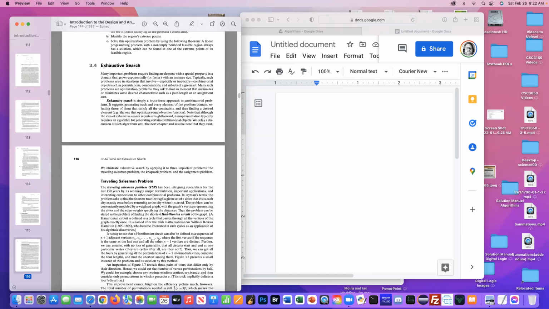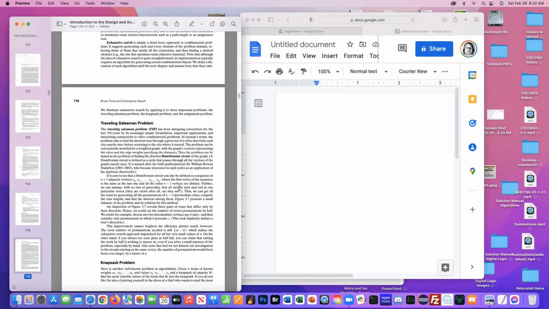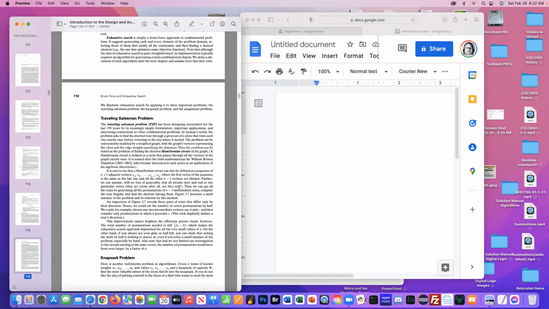Exhaustive search is a brute force approach to a combinatorial problem. One of the more famous problems that we're going to talk about in this class is called the traveling salesman problem.